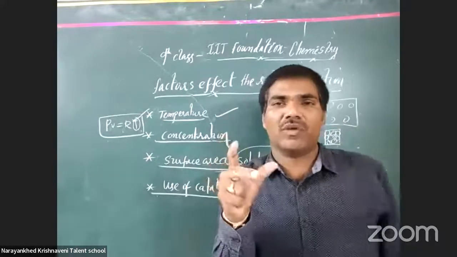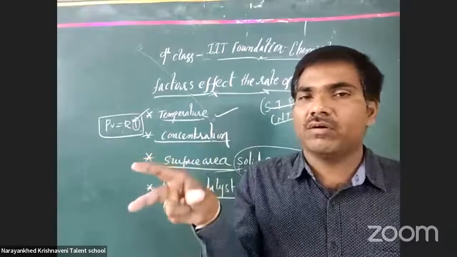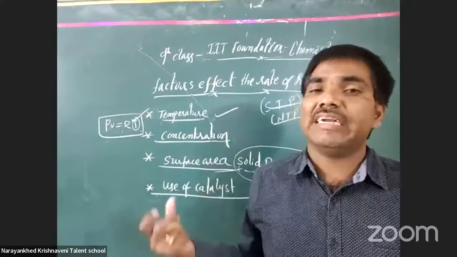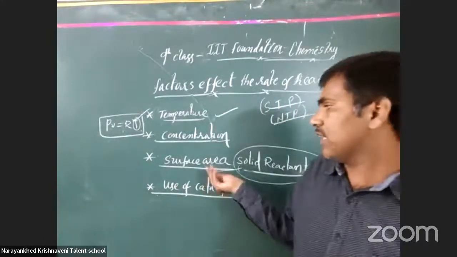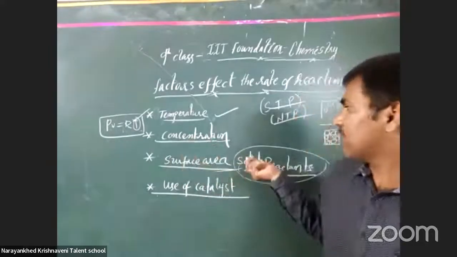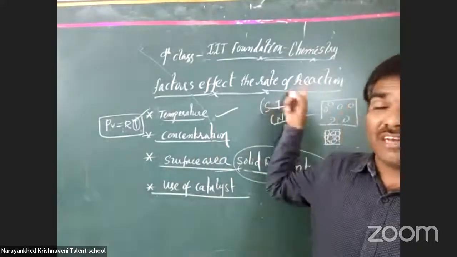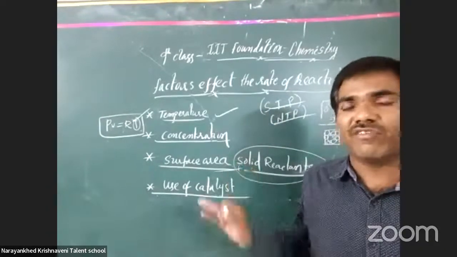Otherwise, if the total amount of coal burns, automatically we get a lot of energy. In that case, where the surface area is less, our rate of reaction may increase, depending on whatever solids we are using.